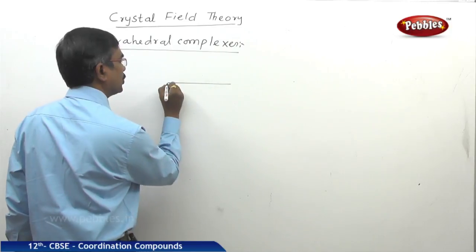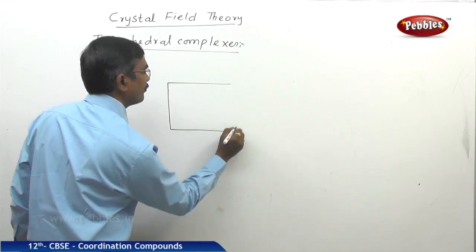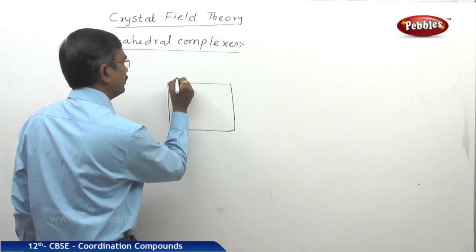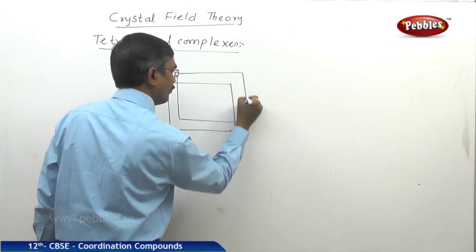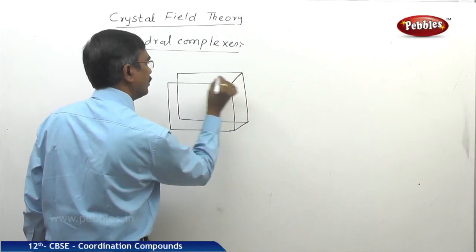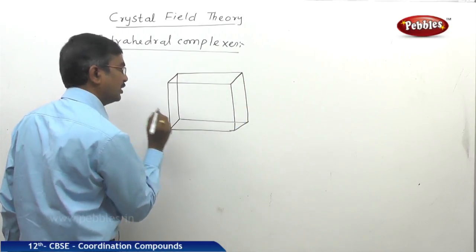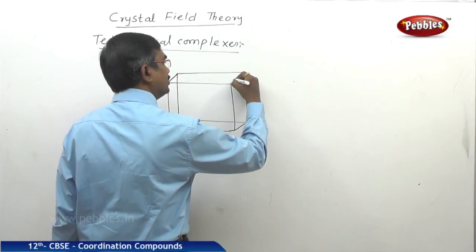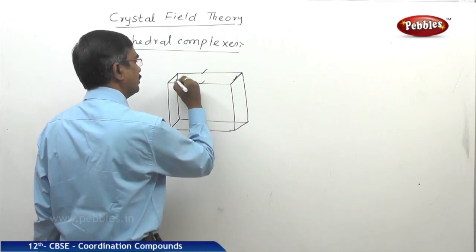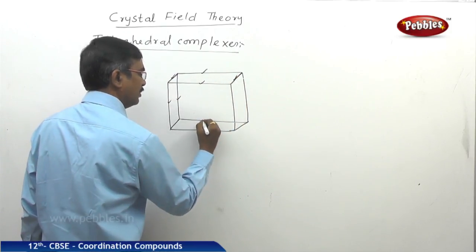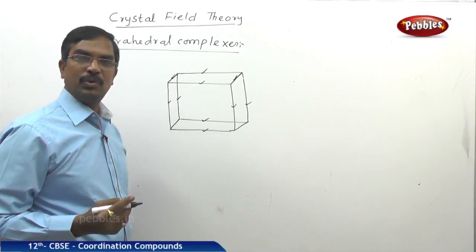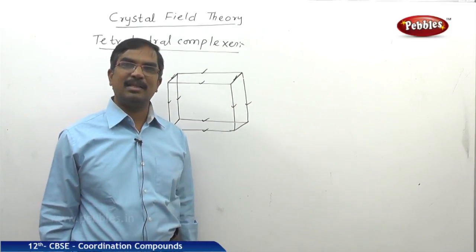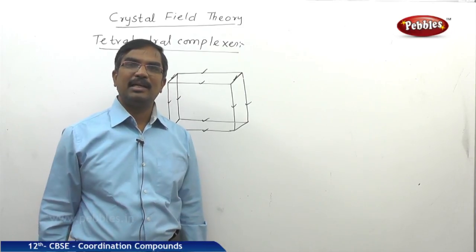This is the cube, all the sides are equal, and these are the edges. So dxy, dyz, dzx are nothing but what we call the T2G set. In the case of octahedral we say no splitting.